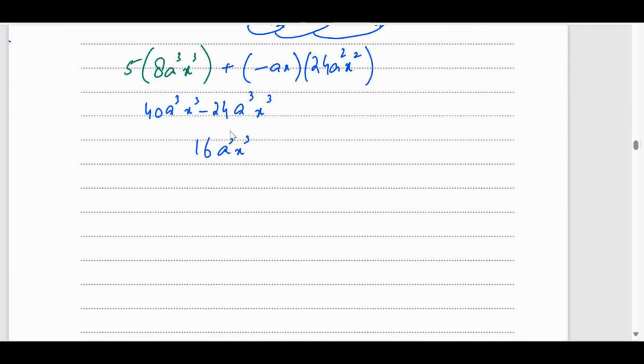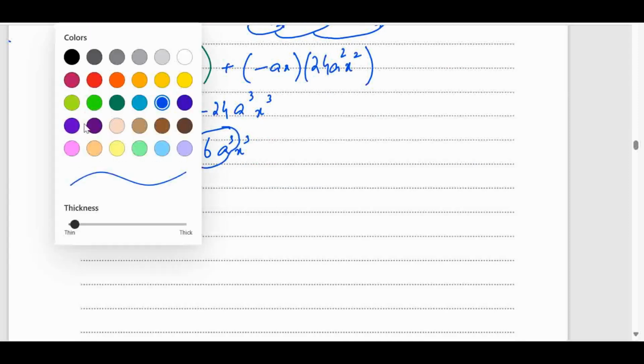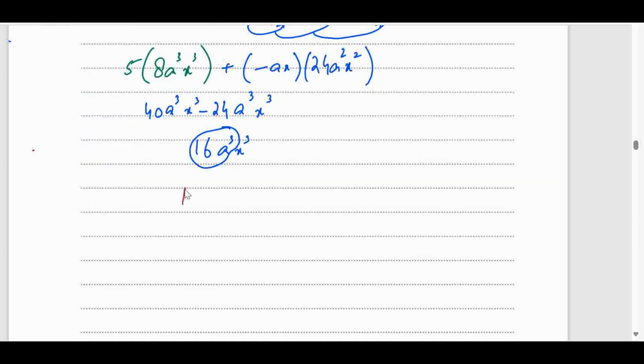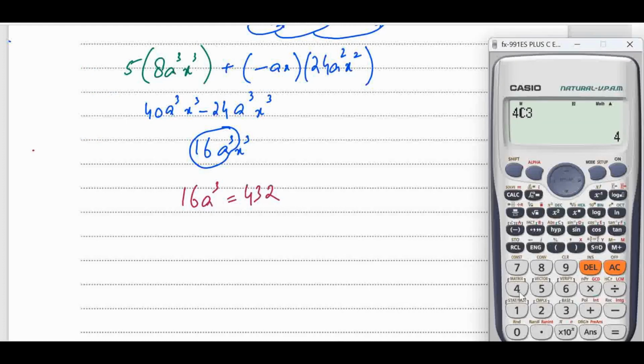So 16a cube is equal to 432. Dividing 432 by 16, we get 27.